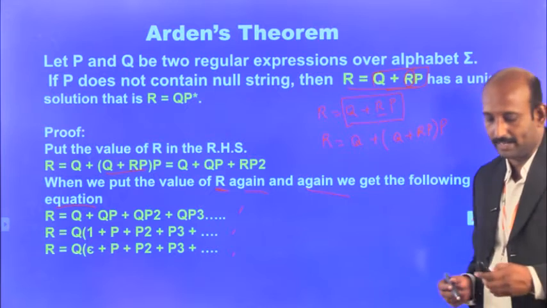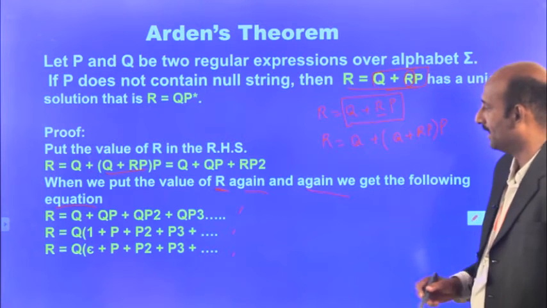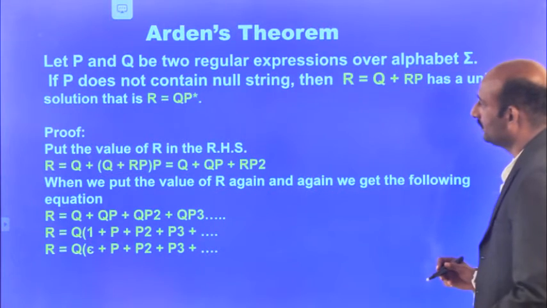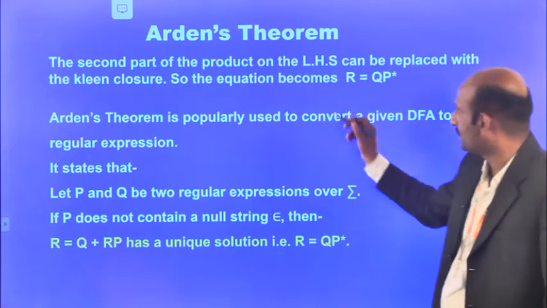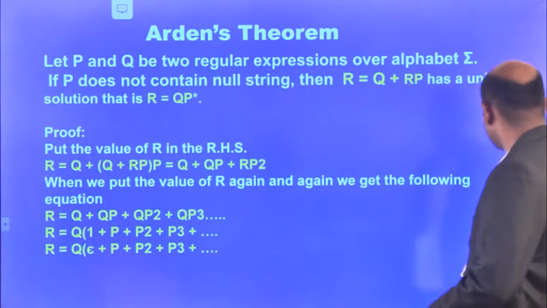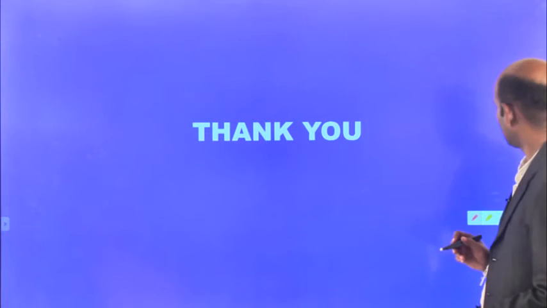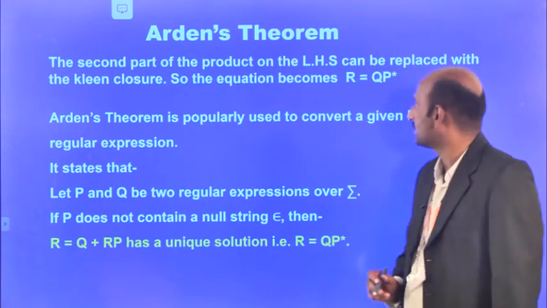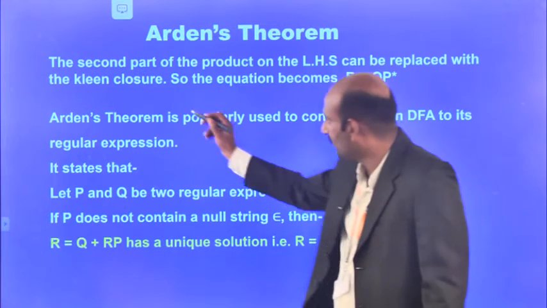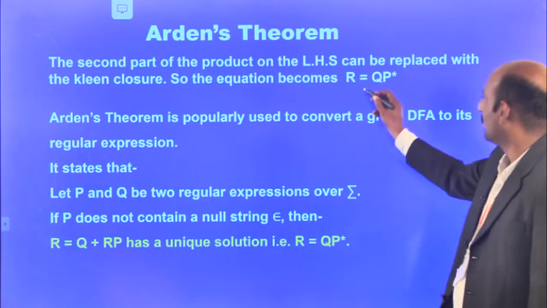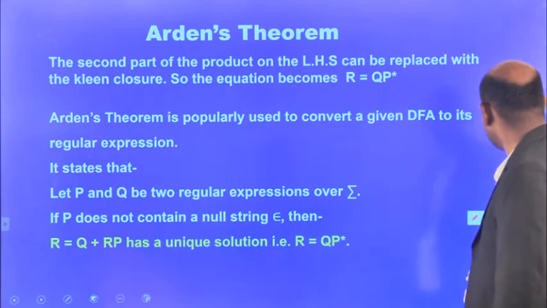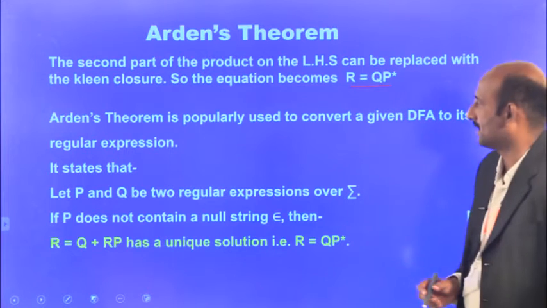We can apply it one time, two times, or three times, repeatedly. The second part of this production, on the left hand side, can be replaced with the Kleene closure, so that the equation becomes R equals QP star.